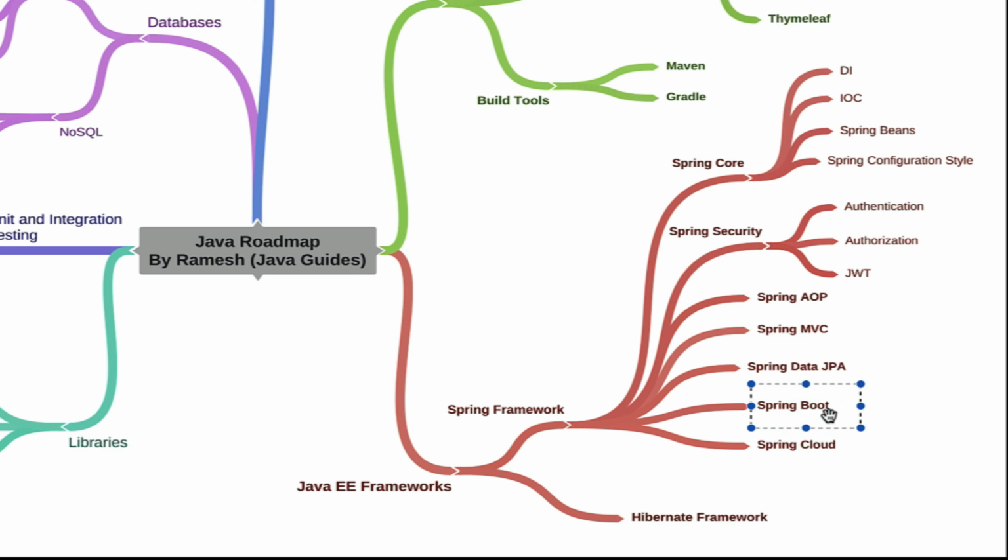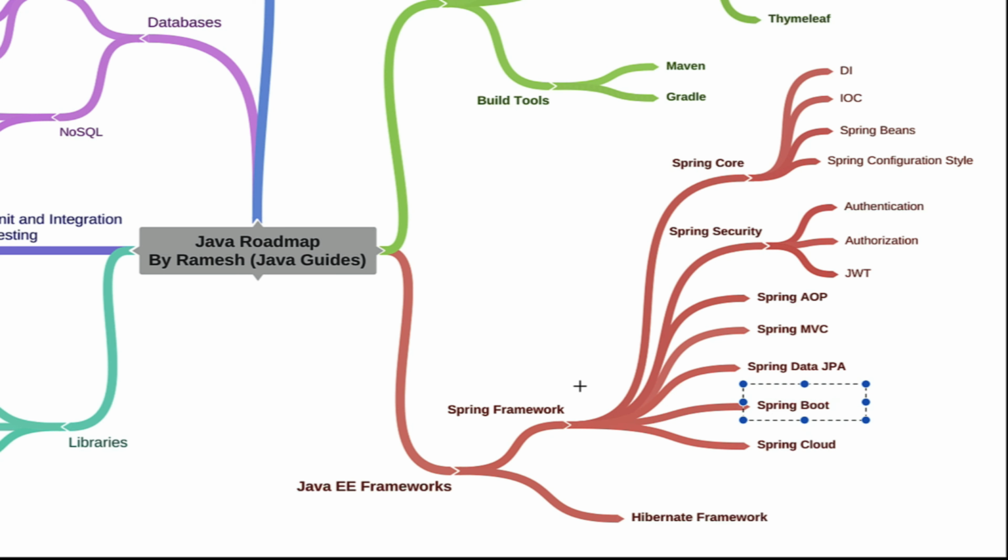Next, learn Spring Boot. Spring Boot is a very popular portfolio project in the Spring Framework, and it is developed on top of Spring Framework to address the configuration problem. If we develop a Spring project using Spring Framework without Spring Boot, then we need to write a lot of configuration. That's why the Spring team has introduced the Spring Boot project.